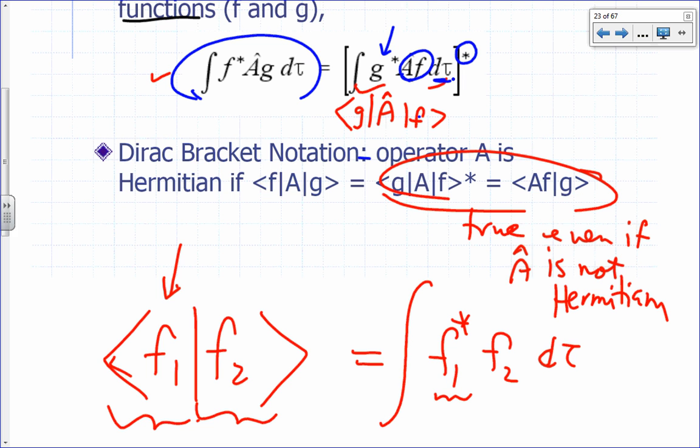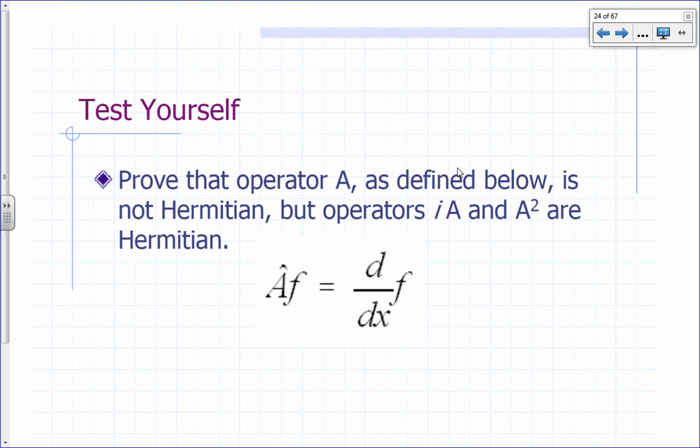What must be true in order for A to be Hermitian is for this one to be equal to that one. And in general, that's not going to be true. It's only going to be true if your operator is Hermitian. And we want Hermitian operators in quantum mechanics. So this is the Dirac bracket notation for writing integrals.